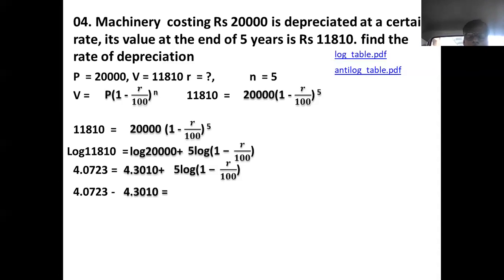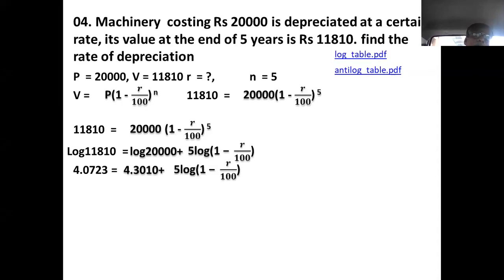Okay, 3010 is there. And 5 log 1 minus r by 100. It is not possible to simplify it. You cannot do anything with this. You write it as it is.